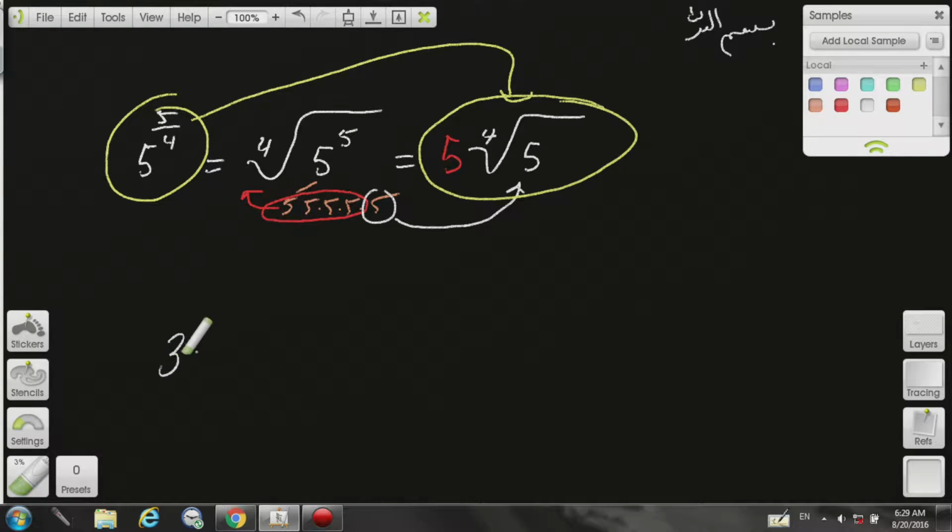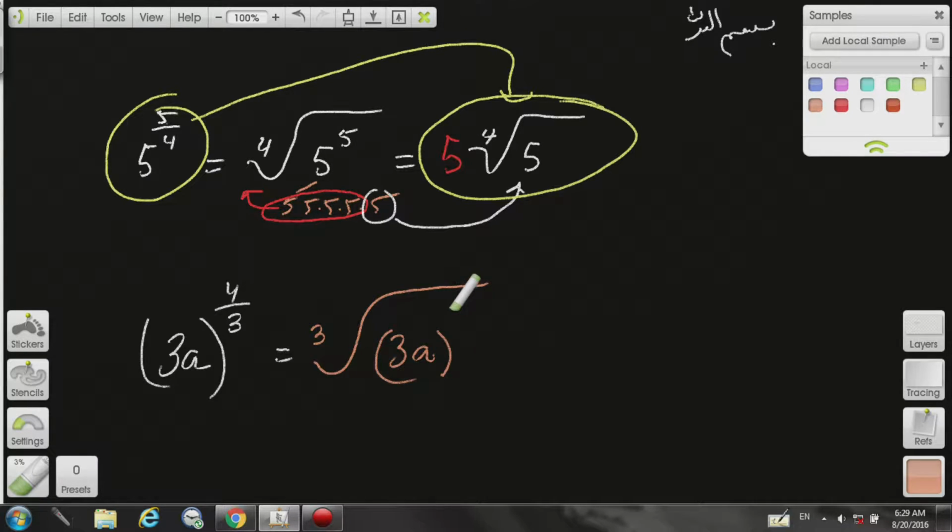How about 3a to the exponent of 4/3? Well, this can be rewritten as, now look, in this case I put the 5 inside, see? This can be rewritten as the 3rd root of 3a to the 4th.